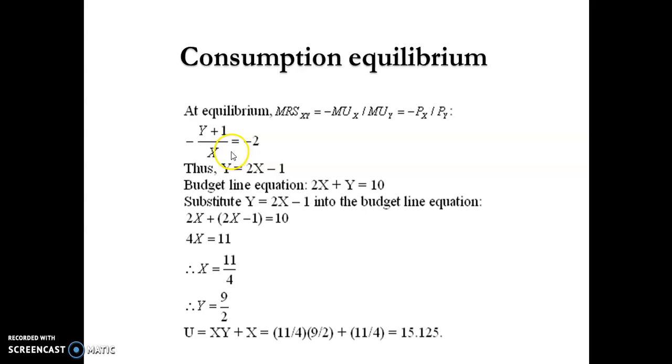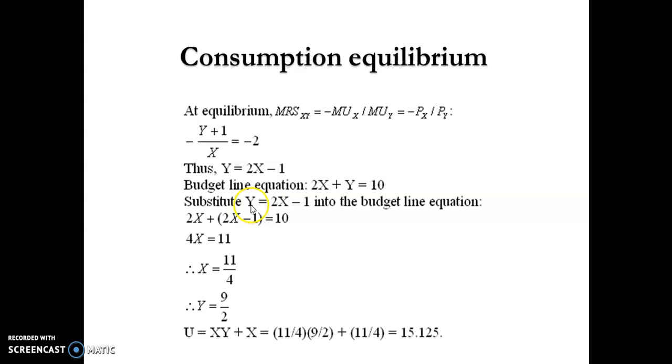That will get rid of that. So I will end up getting y plus 1 is equal to 2x. So hence y, if I take the plus 1 over, it will become y is equal to 2x minus 1.